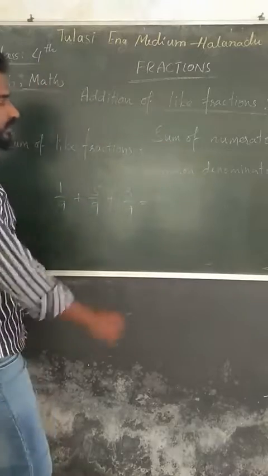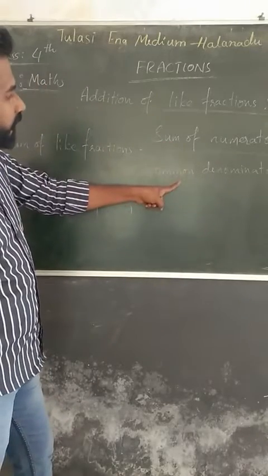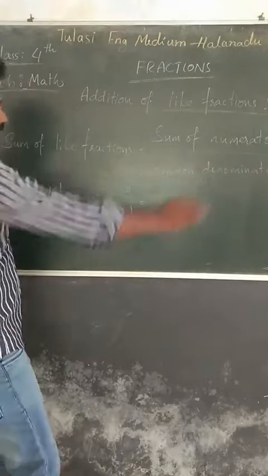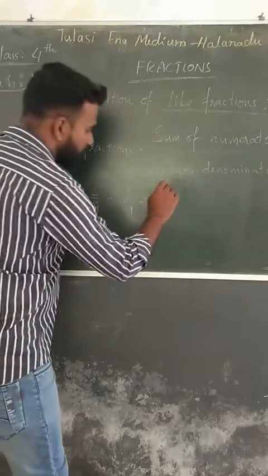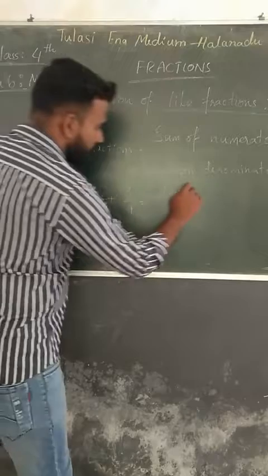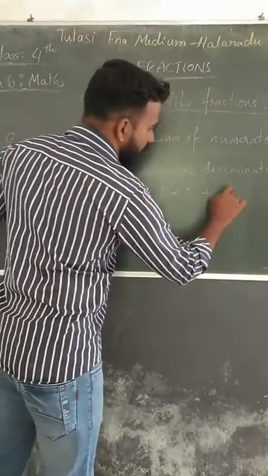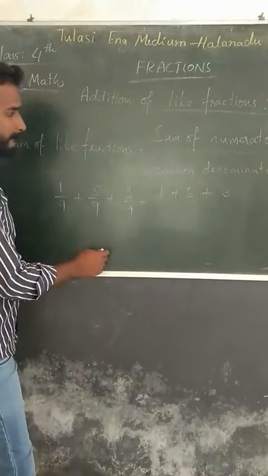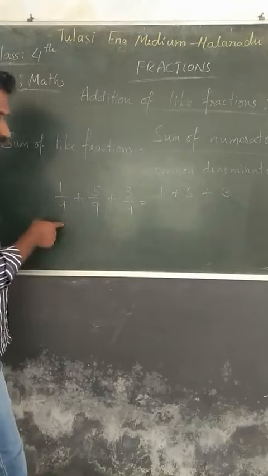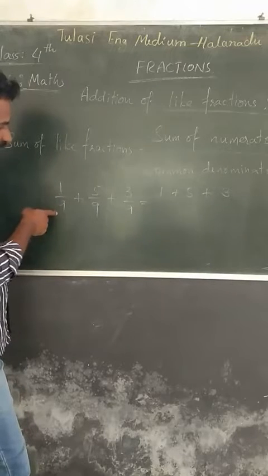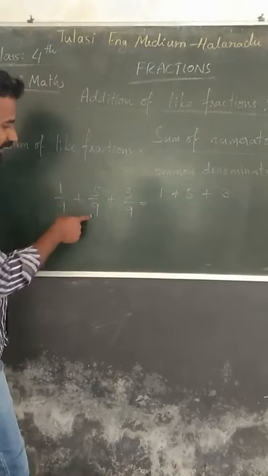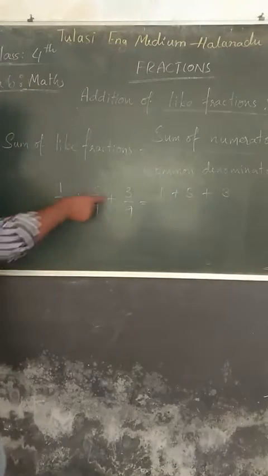Sum of the numerators and common denominator. Sum of the numerators: 1 plus 5 plus 3. You can add these fractions in any order: 1/9 plus 5/9 plus 3/9 or 5/9 plus 1/9 plus 3/9.